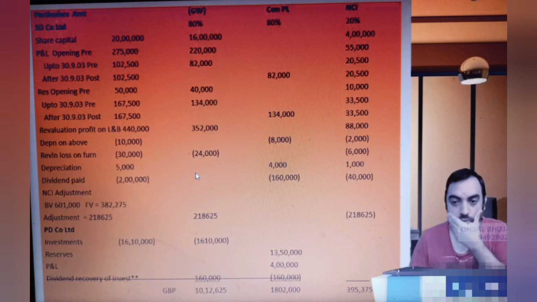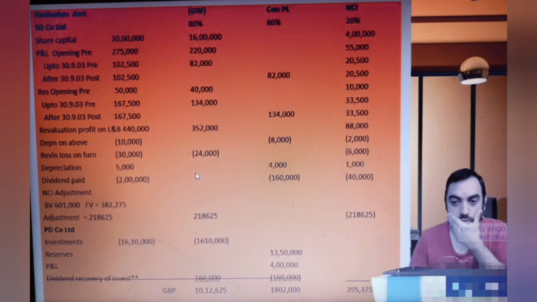Number of shares acquired by holding company for that 16 lakh 10,000. How many shares? You acquire 80% means 1 lakh 60,000 shares. Proportionate amount basically, which is how much? 16 lakh 10,000 divided by 1 lakh 60,000, 10.0625.